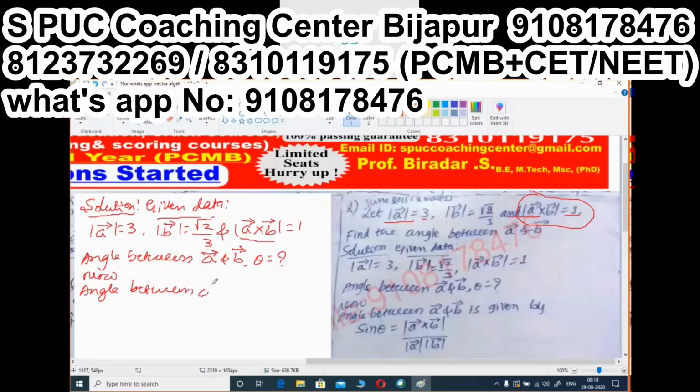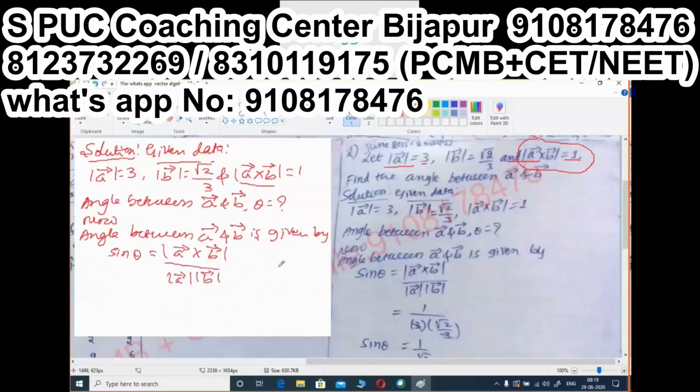Now the angle between a vector and b vector is given by sin theta equals modulus of a vector cross b vector divided by modulus of a vector times modulus of b vector. Just substitute all those values you already know and simplify, and you are going to get the required angle.